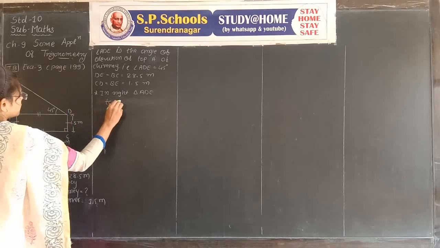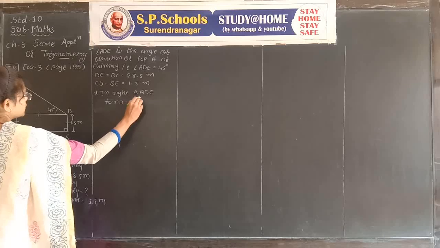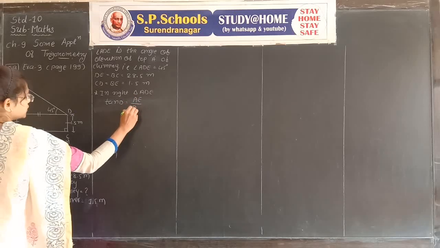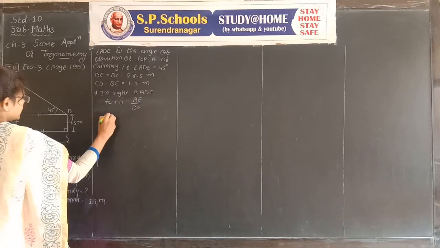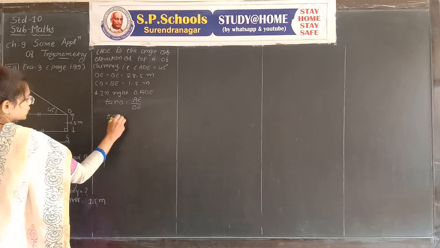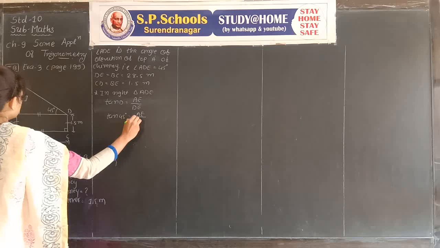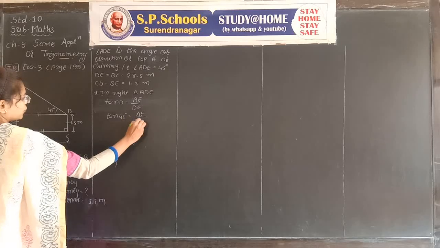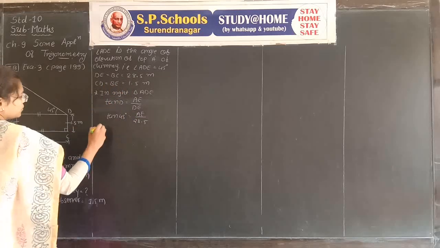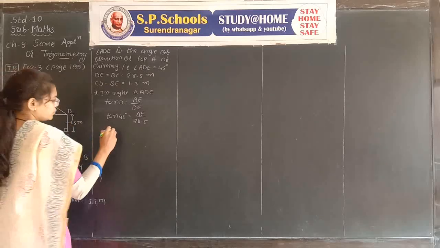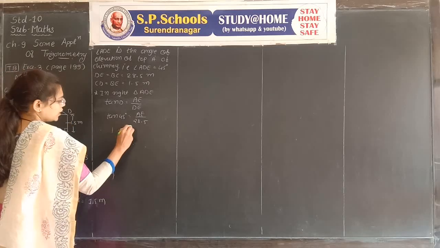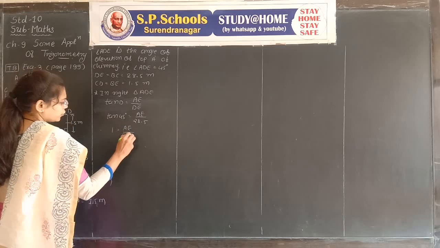Tan D is equal to opposite AE upon adjacent DE. Tan D, which is tan 45, is equal to AE, and DE is equal to 28.5. Tan 45 is equal to 1. 1 is equal to AE upon 28.5.